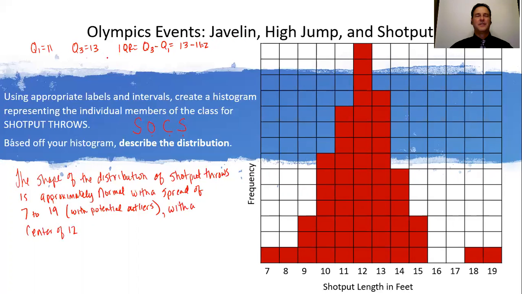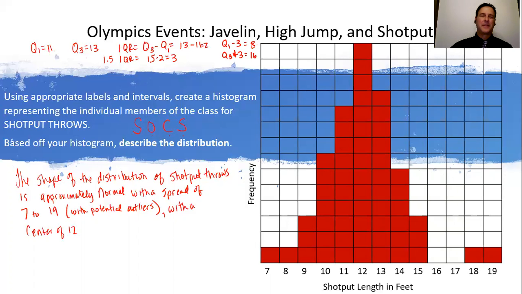So 1.5 times 2 is 3. I will take Q1 and subtract 3, and I'll take Q3 and add 3. Q1, 11 minus 3, is 8, and Q3, 13 plus 3, is 16.